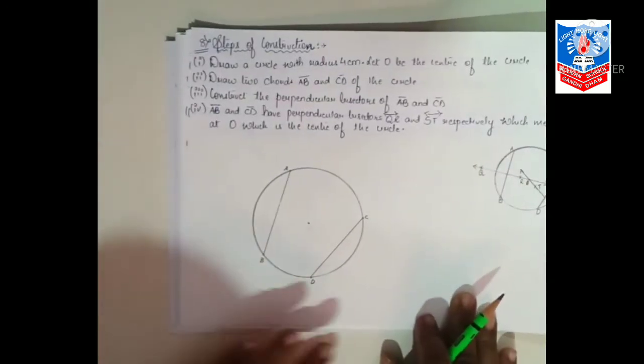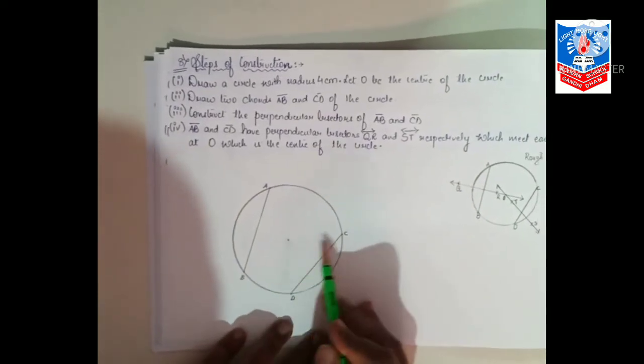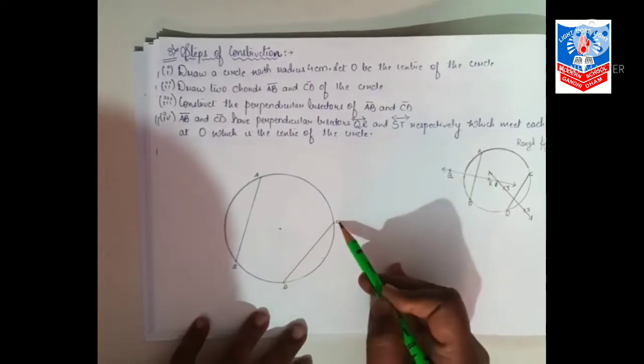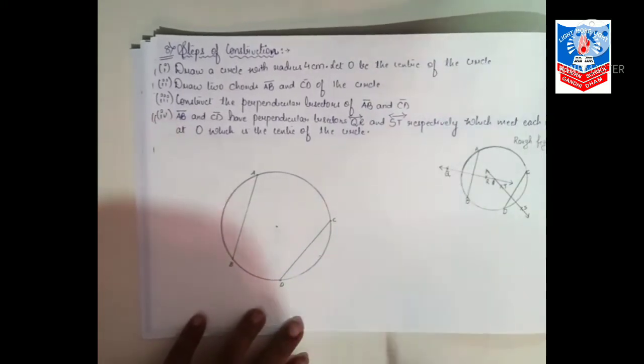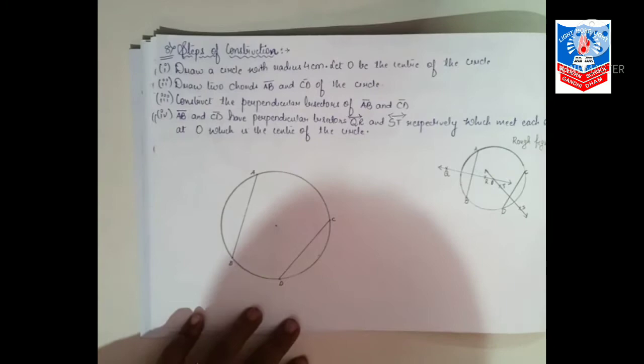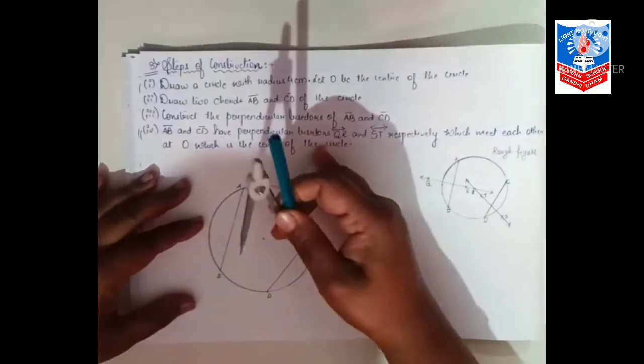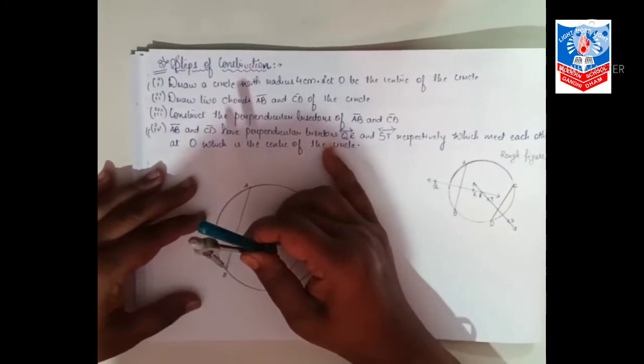Okay. First, this is the circle with radius 4 cm and the two chords AB and CD. Now let us construct the perpendicular bisector of these two chords. Now you know how to construct the perpendicular bisector.